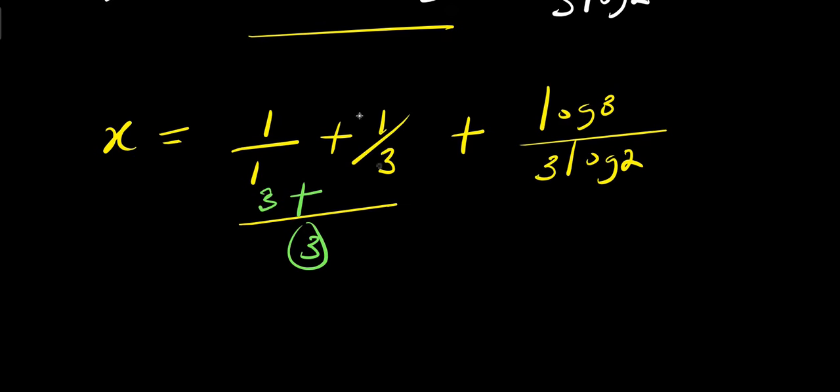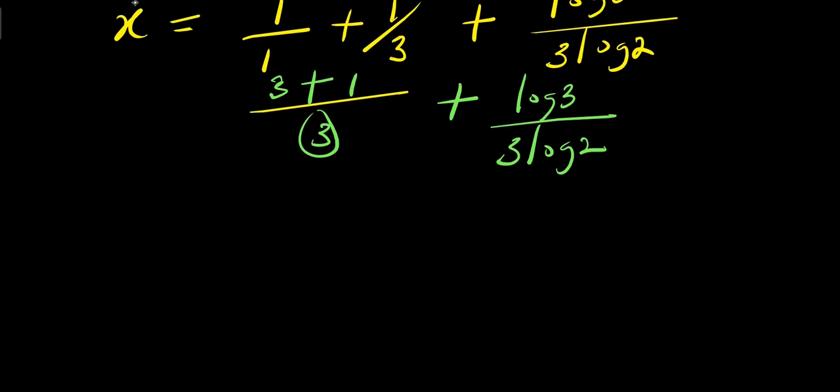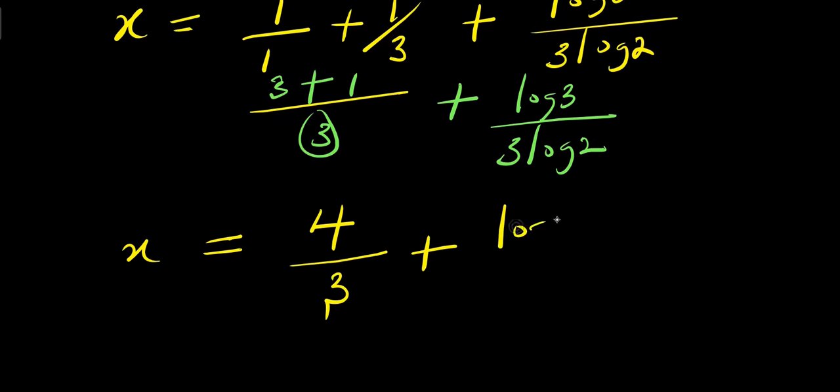Plus 3 divides 3, 1, 1 times 1, you have 1. Plus log 3 divided by 3 log 2. So 3 plus 1 is 4. x equals 4 divided by 3 plus log 3 divided by 3 times log 2.